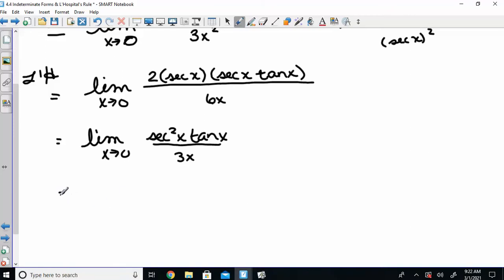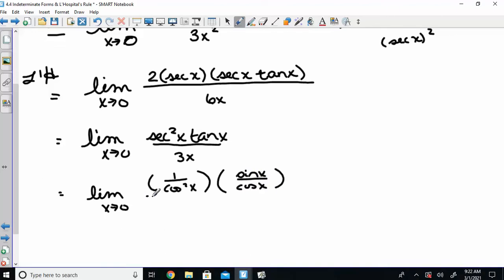Keep in mind, secant is like 1 over cosine. Tangent is sine over cosine. Okay, I'm going to show a lot more work than maybe you necessarily have to here.